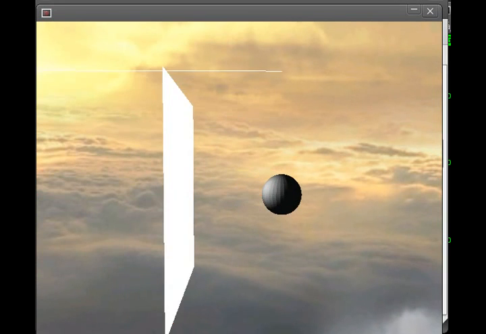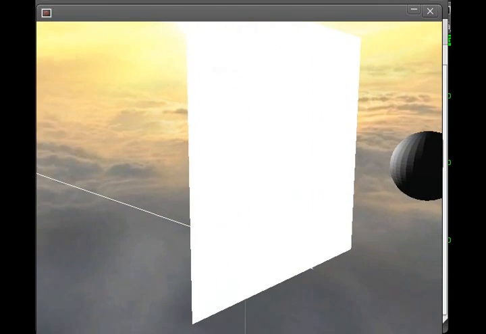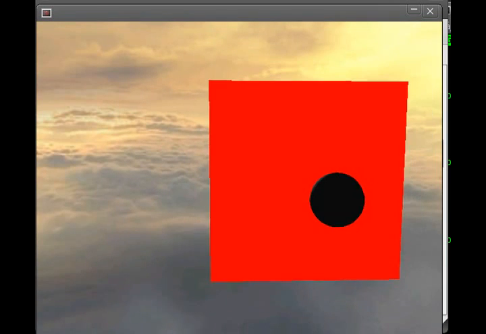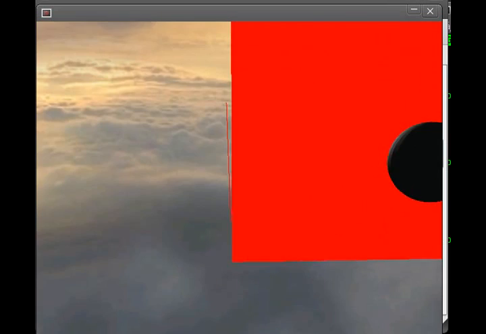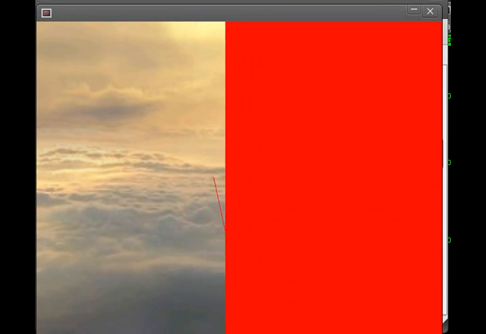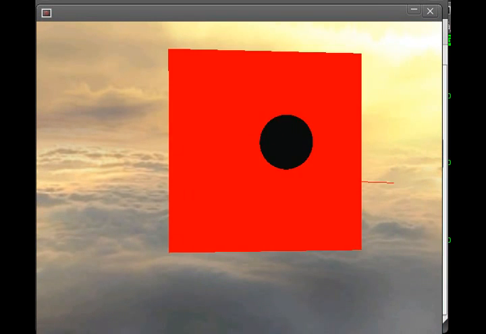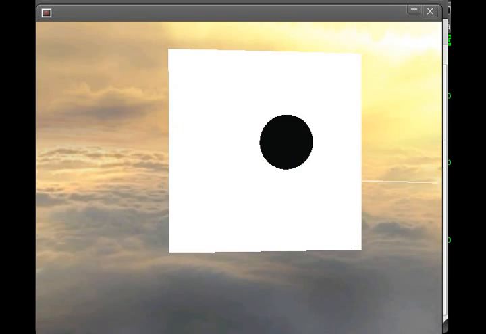Now I can move up, down, right, left. So as you can see, it works approximately. Maybe we should keep the threshold a little bit smaller, but you see it works approximately in every direction.